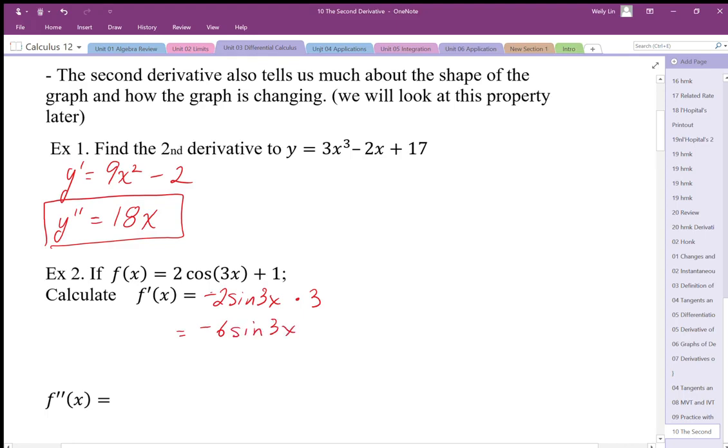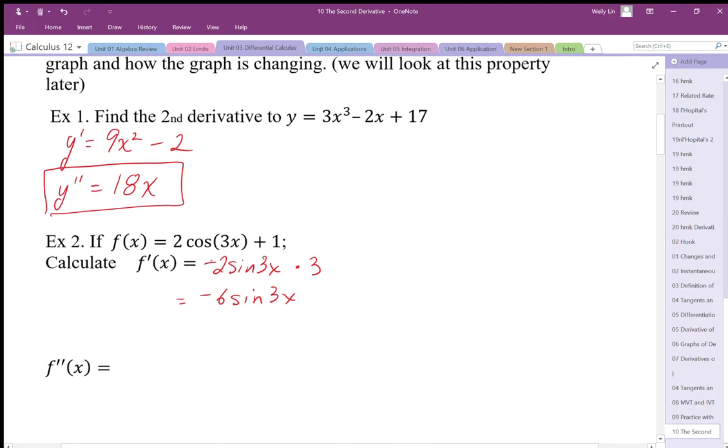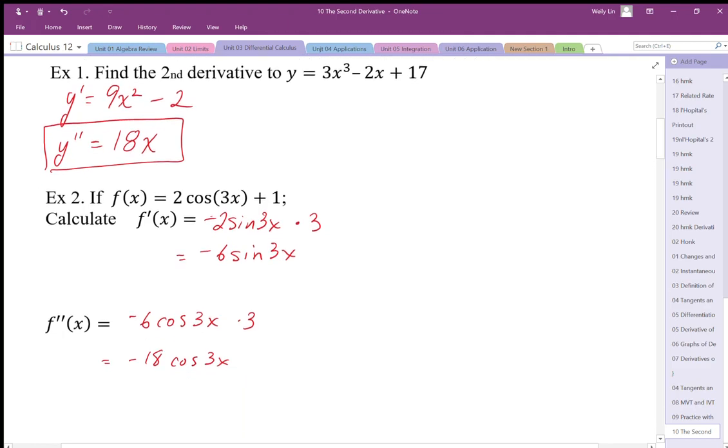Then if we apply the second derivative, we just differentiate it again. So I just differentiate sine into cosine. And then I need to make sure that I apply the chain rule because of the extra 3. And so I get negative 18 cosine of 3x. Okay, so that represents my second derivative function.